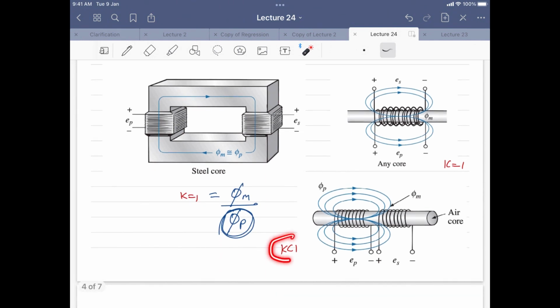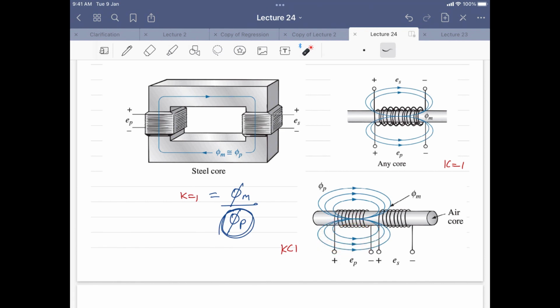And if you want a value of K less than 1, in that case what you can do is move these two inductors apart. If you move these two inductors apart, then you will get this type of situation, and here you can see the mutual flux which is connecting the two is less than the primary flux which is generated here itself.